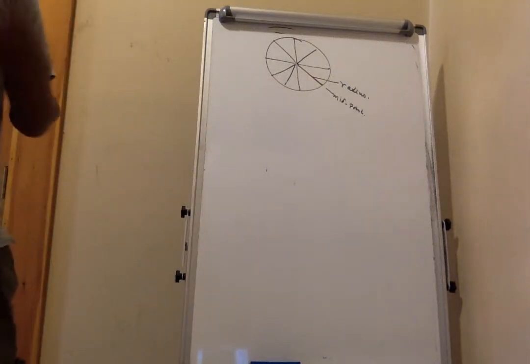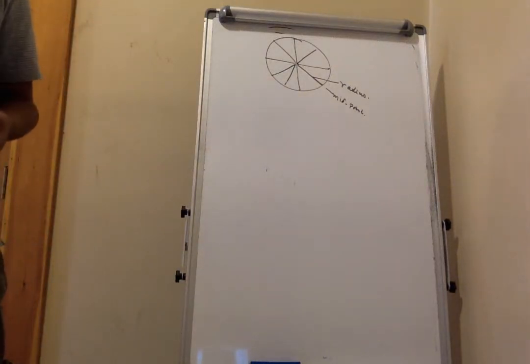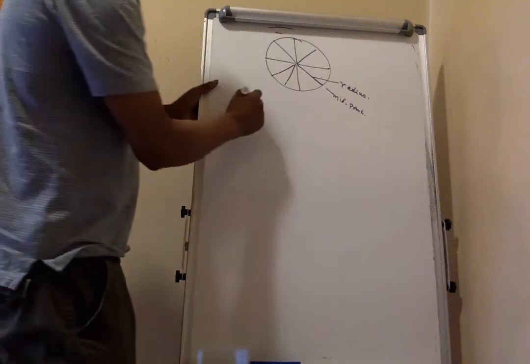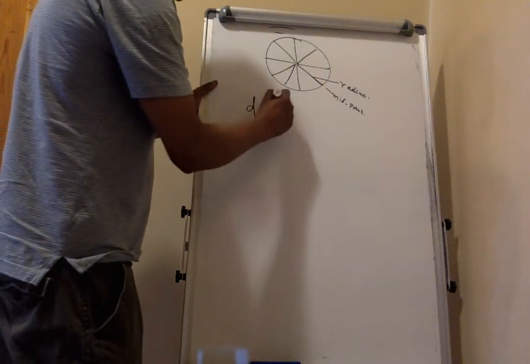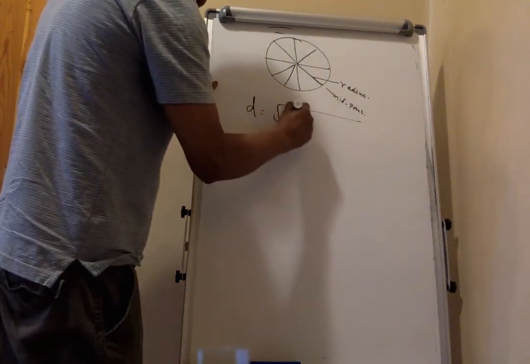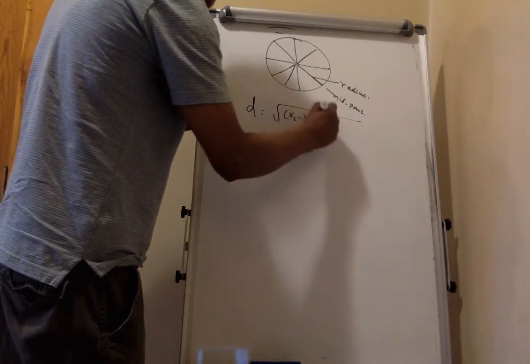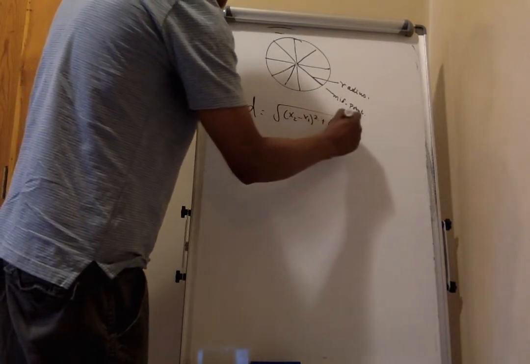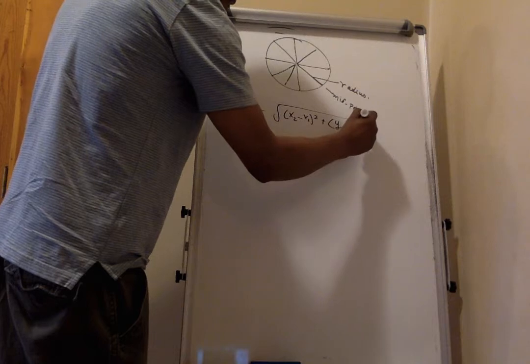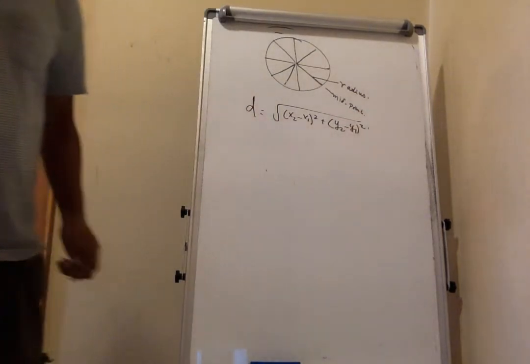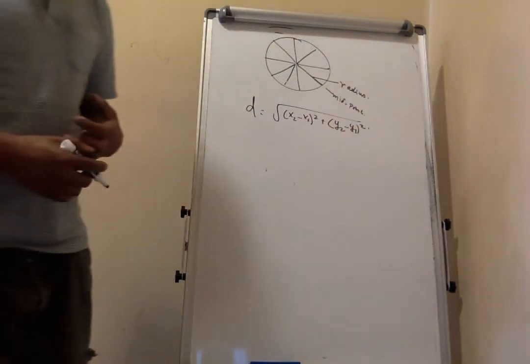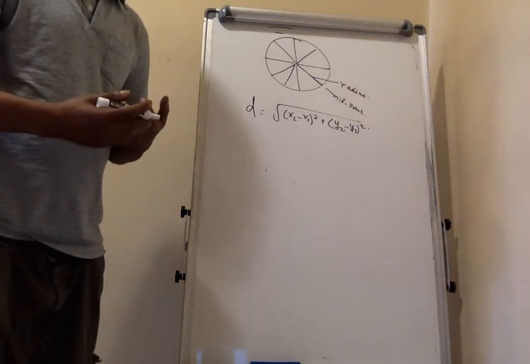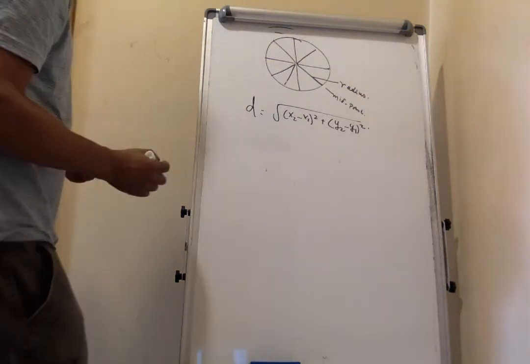So all that is changing is the variable x. We have said the distance formula is x2 minus x1 squared plus y2 minus y1 squared. All you need to do is change this into a formula of the circle.